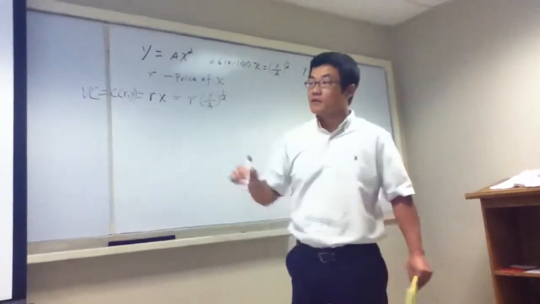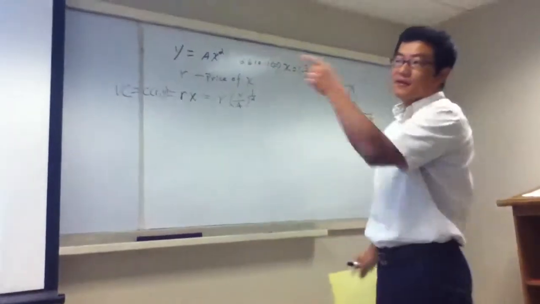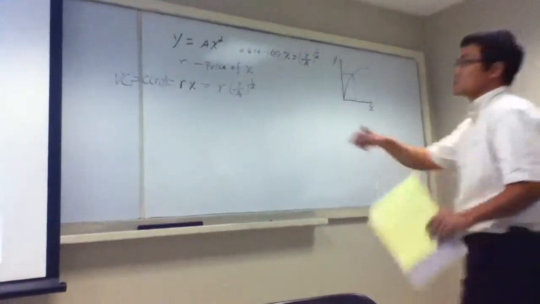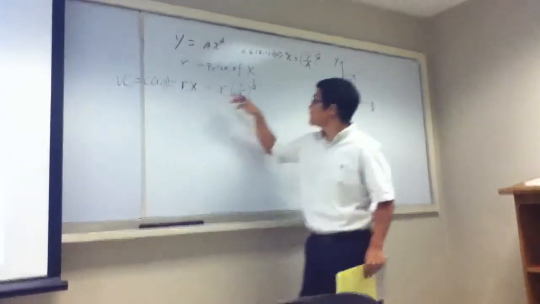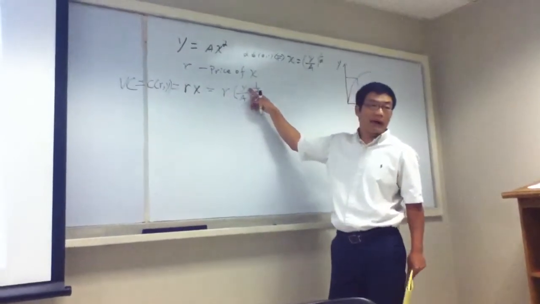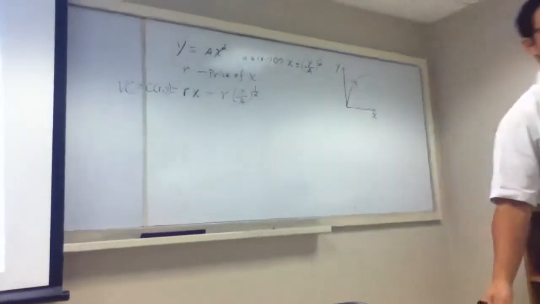The same as we did over there, where we have two factors, R1 and R2, but in this case we just have r. And look at here, this function depends on r and depends on y. So that's my variable cost function.